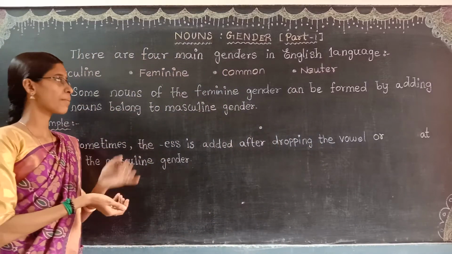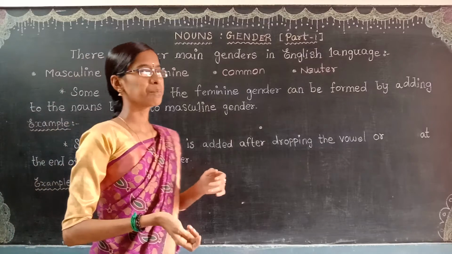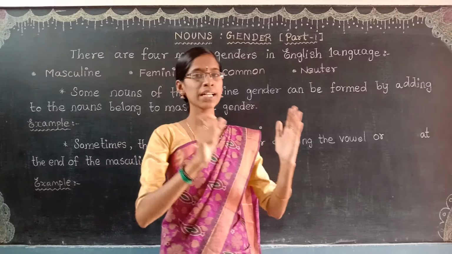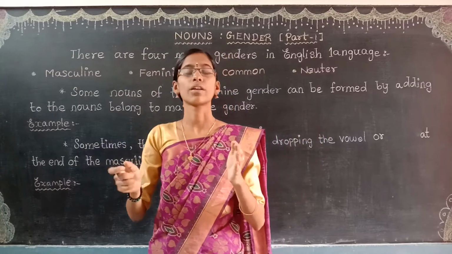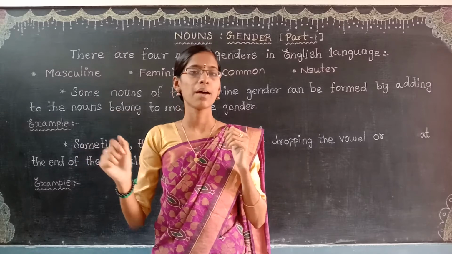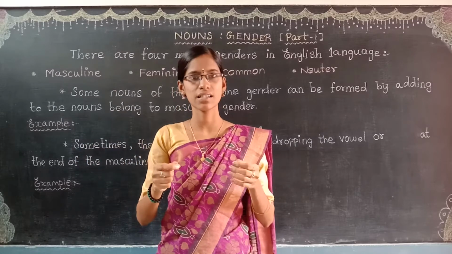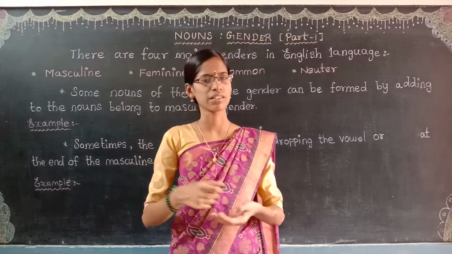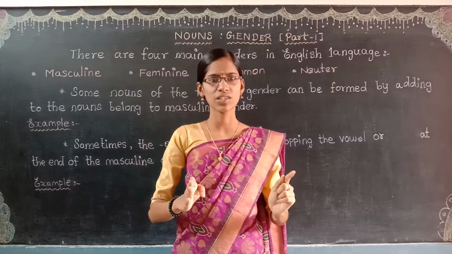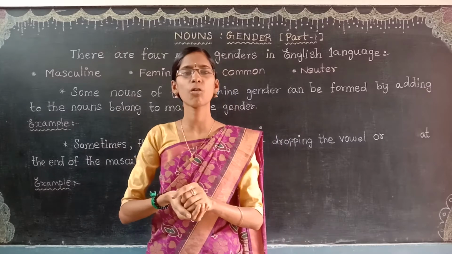Now, coming to today's class, we are going to see some rules for how to change a masculine gender word into a feminine gender word by adding ess or by removing some letters. If you take a masculine gender and a feminine gender, there are sometimes totally different words.